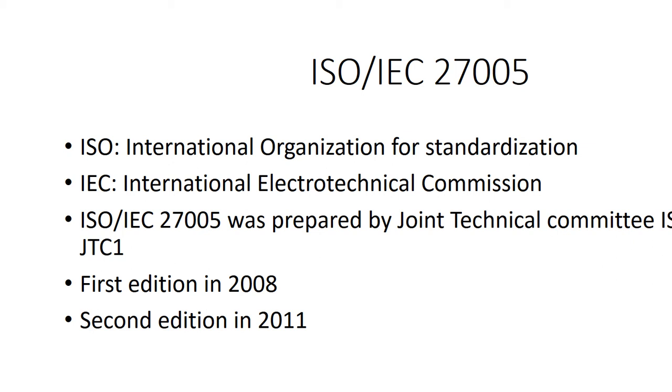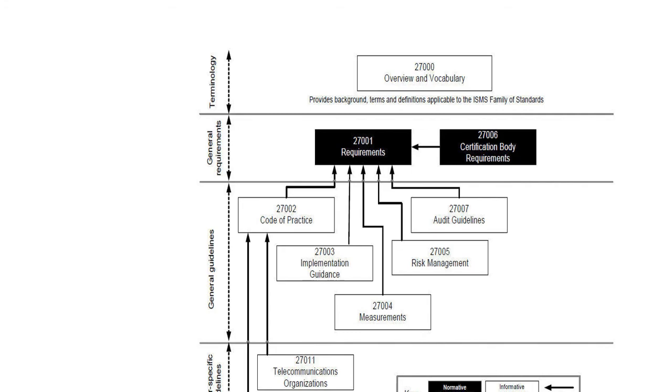That is 2011. Okay, so here I'm going to present you a picture of many such standards available, and you can see that on the top the ISO 27000 standard is available. In this picture you can see that there are four broad categories of standards.